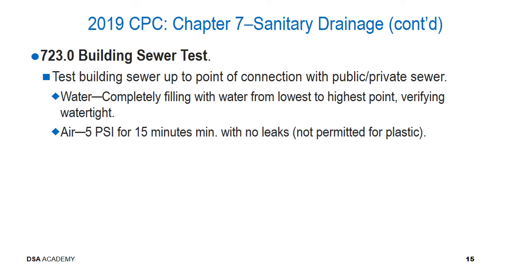Air, of course, is again permitted to be used. Only 5 psi air is required minimum for the air test, and it's got to last for 15 minutes with no leaks. And again, the air test is not permitted for any type of plastic building sewer piping.